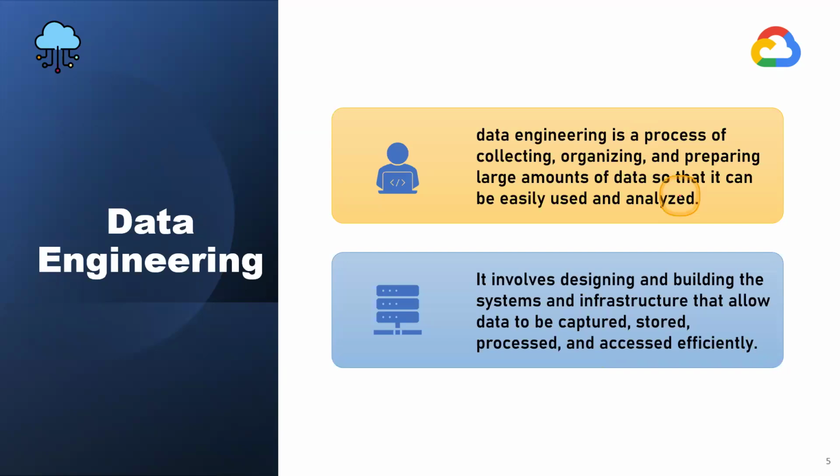During this process, we may be creating systems or infrastructure, because we don't want to do things manually. That's the reason we try to create systems and pipelines which run in an automated fashion, which can capture the data, store the data, and process the data efficiently and automatically. So this is what is data engineering, everyone.